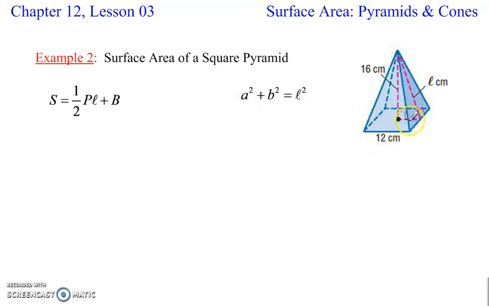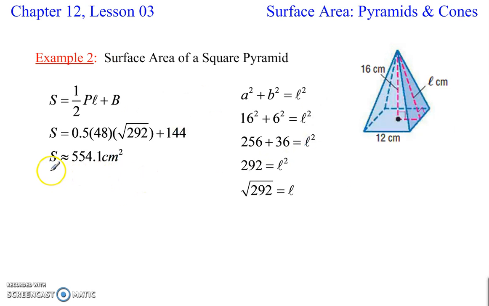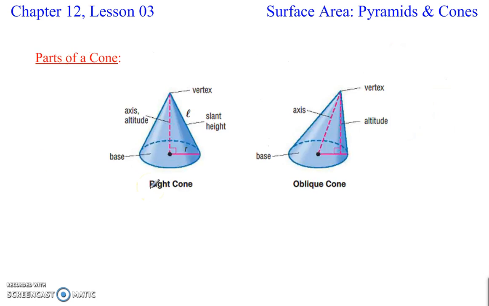So we'll do a squared plus b squared equals c squared, and since this length is 12, half of it is 6, so we have 6 for b, and then solve that for L, square root it, and we get a slant height of square root of 292 times the area of the base, 12 by 12, and that is approximately, there you go, type all that in, and you get approximately 554.1.